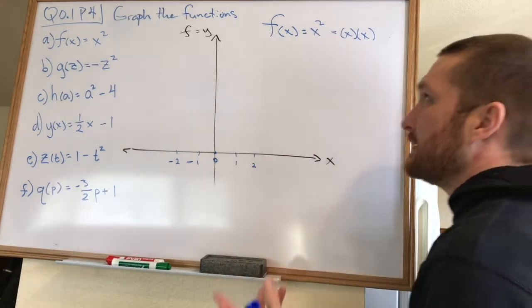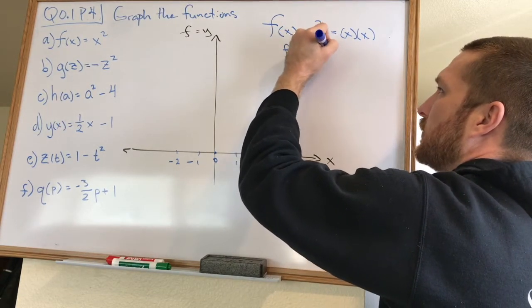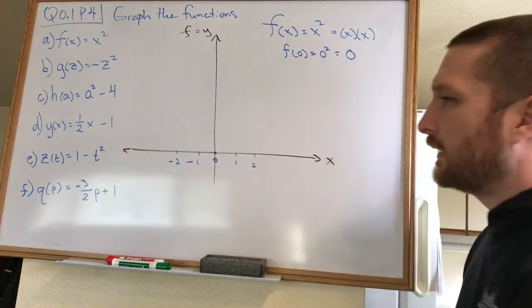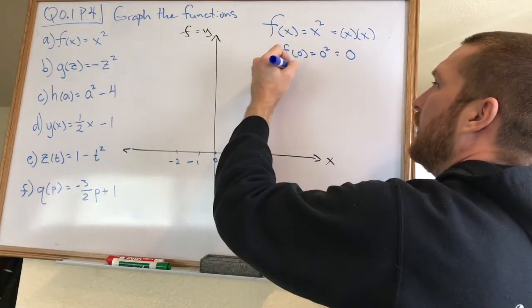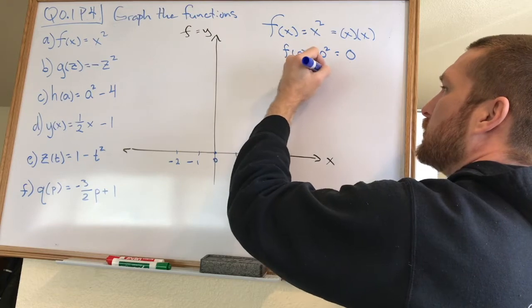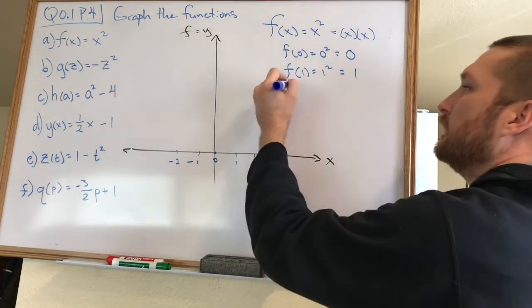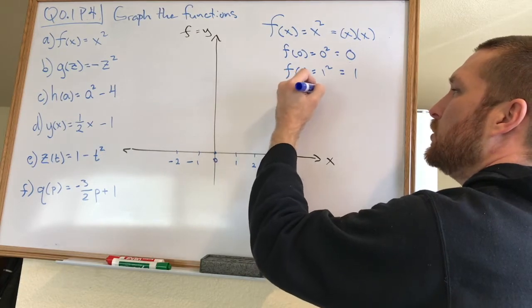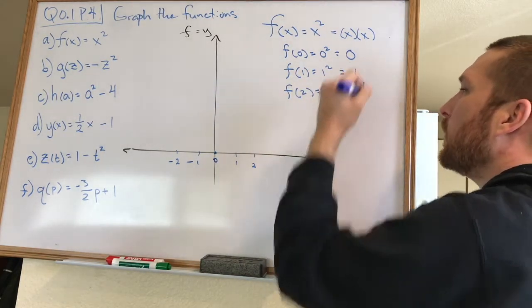So when I plug in a 0, I get that f of 0 is 0 squared, or 0 times 0, which, yeah, I bet you could guess is 0. f of 1 is 1 squared, or 1 times 1, which is 1. f of 2 is 2 squared, and now we get 2 times 2 is 4.